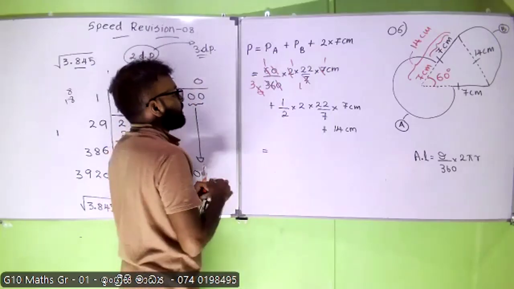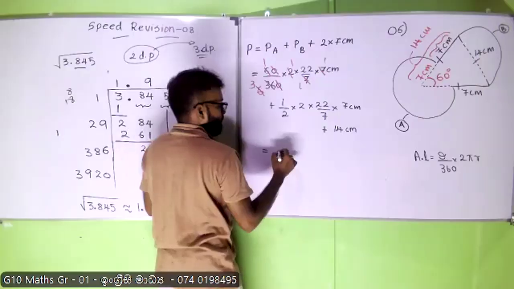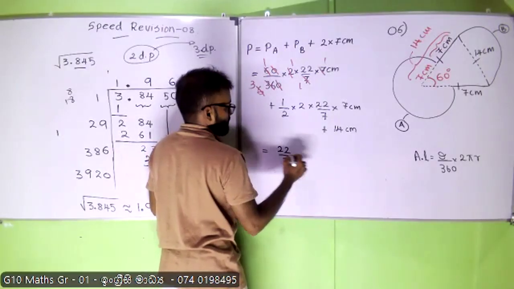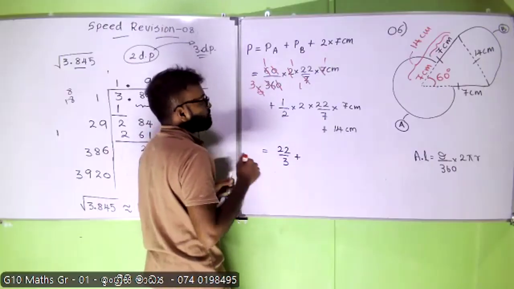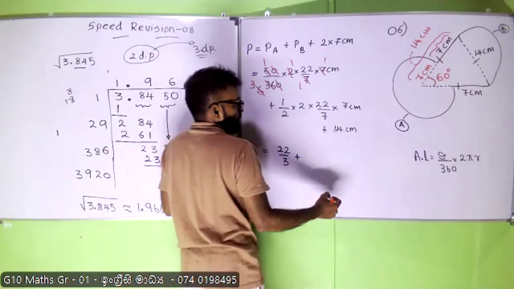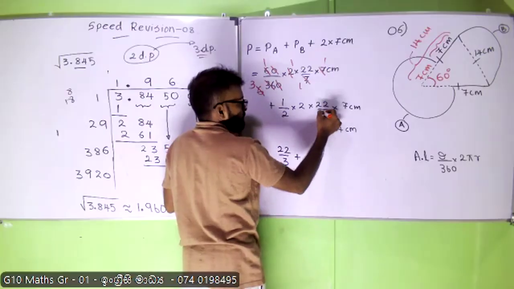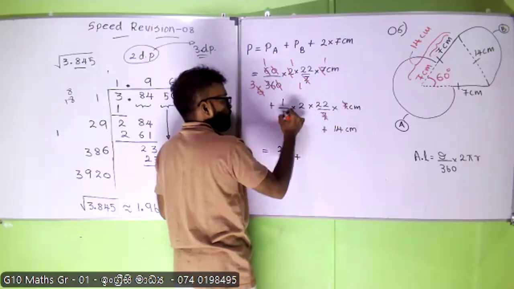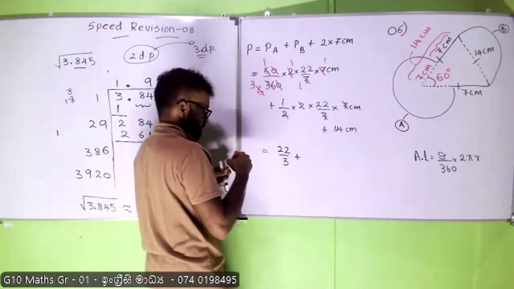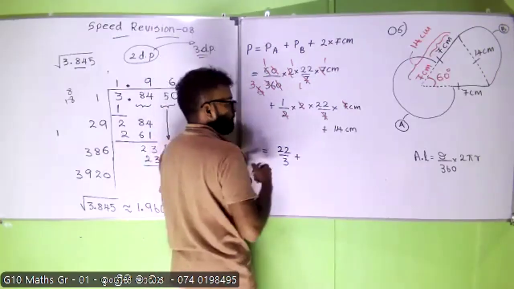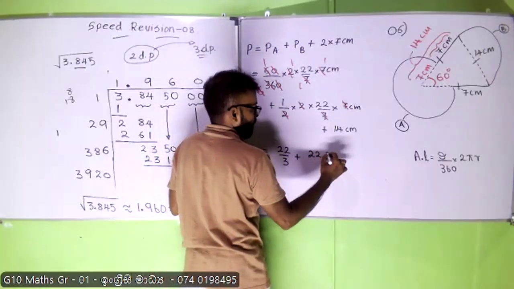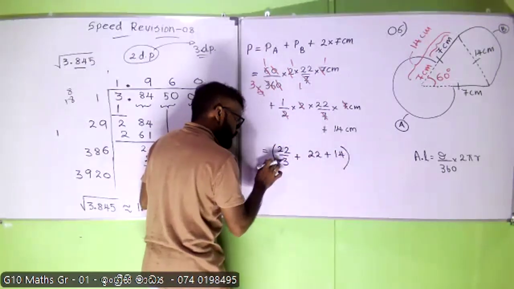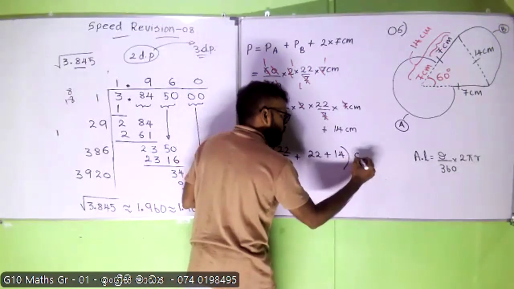So that I can have 22 divided by 3 plus, here 7 times 1, 7 times 1, 2 times 1, 2 times 1. Now I have 22 here, plus here you have 14 centimeters, outside of the bracket.